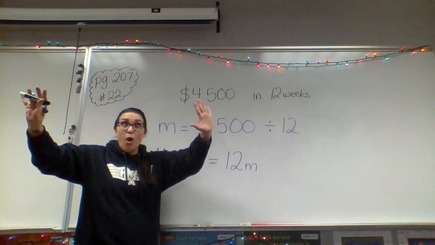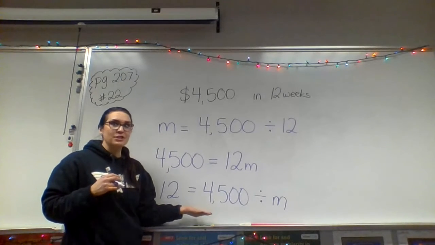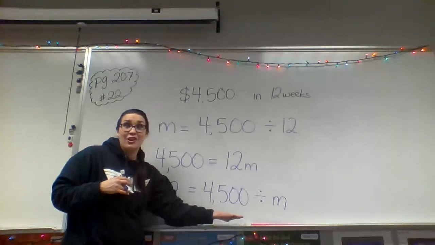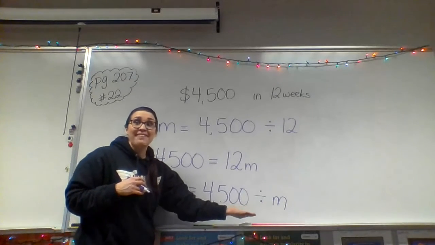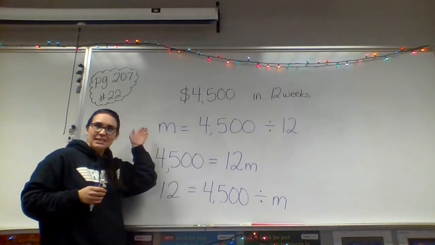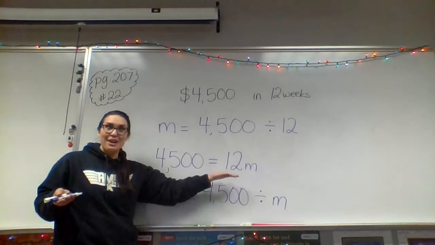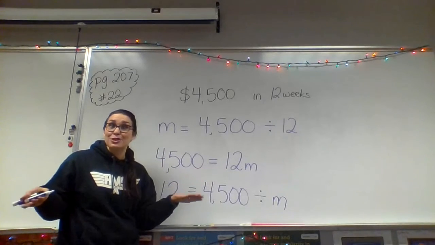But wait, there's more. We could also say that 12 is equivalent or equal to the total amount of money that he earned, $4,500, divided by the amount that he gets in 1 week. Remember, my friends, it doesn't matter which equation you choose. As long as you perform the operations, you're going to get the same solution for m.